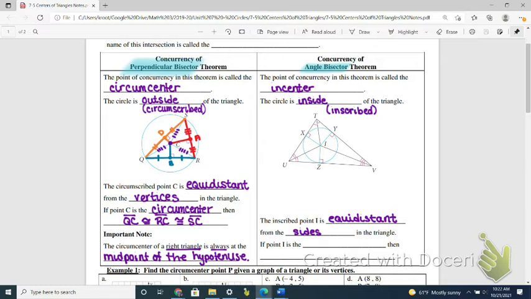If point I is the incenter, then what I know is that XI is congruent to ZI, which is congruent to YI.